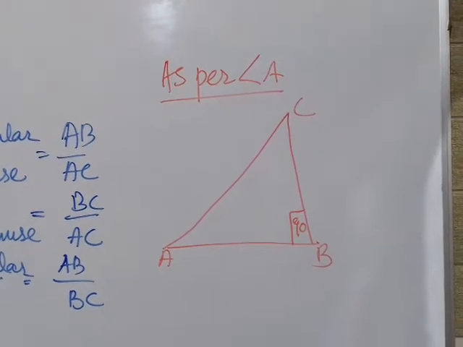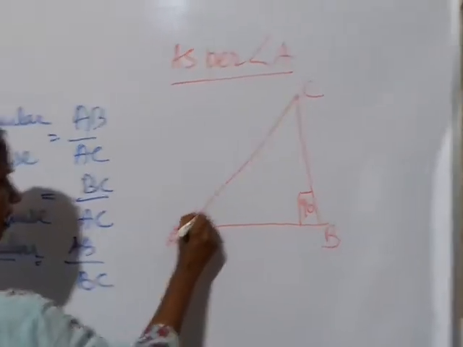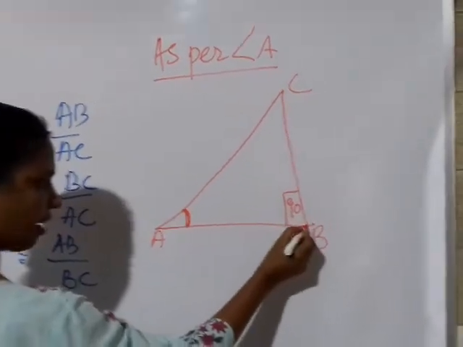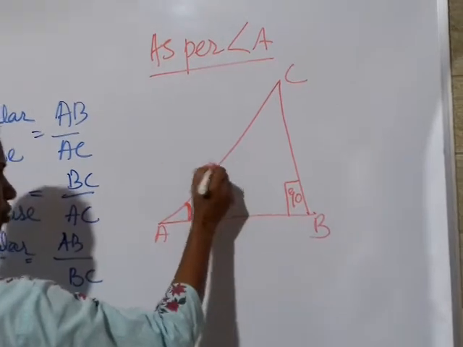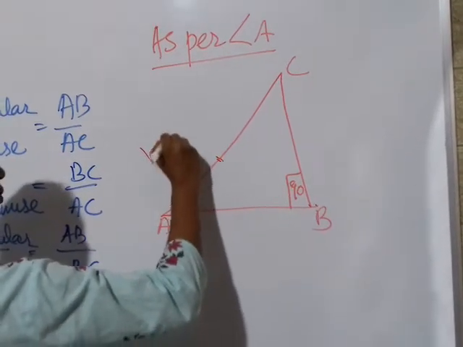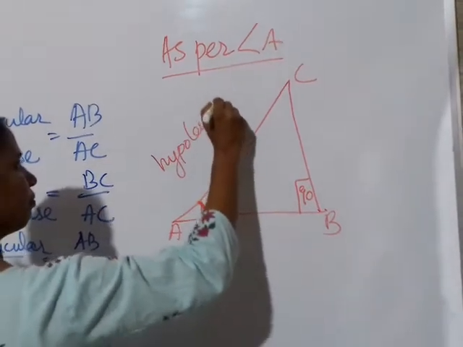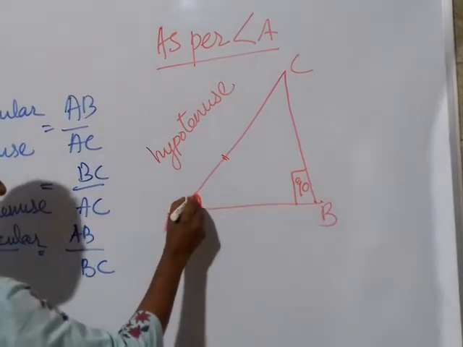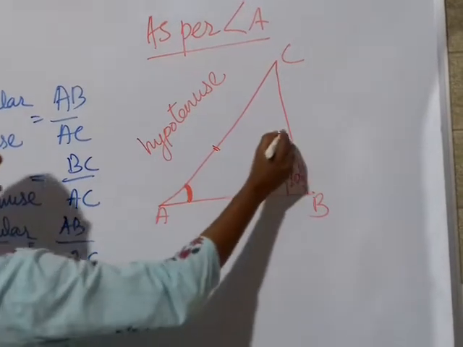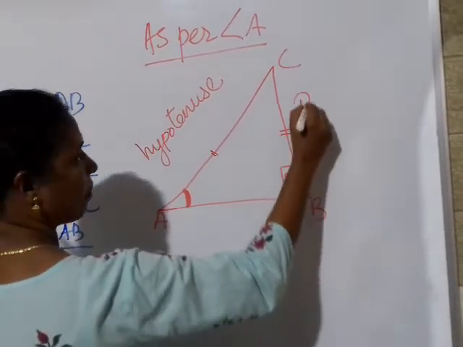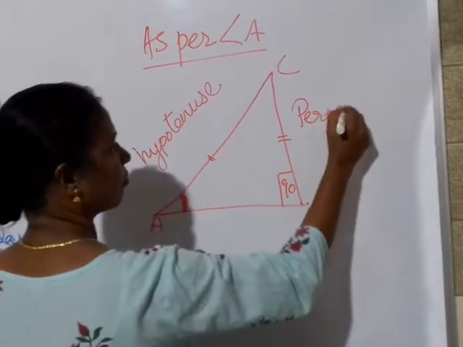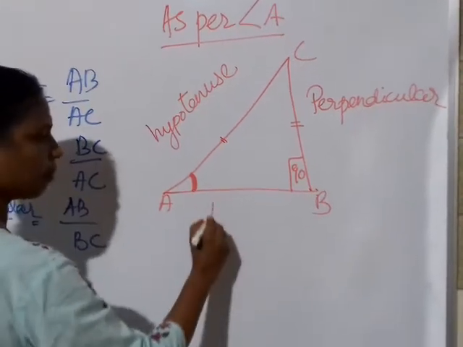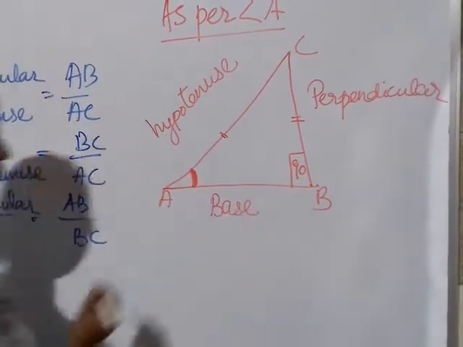Now, considering angle A, the side opposite to the right angle, that is hypotenuse. The side opposite to the acute angle which we are considering will be perpendicular. And this will be the base. Okay.